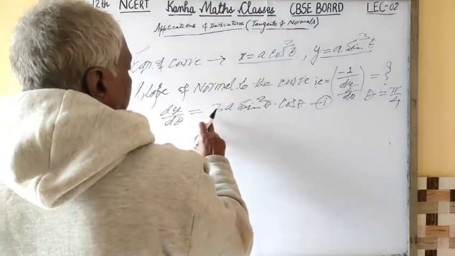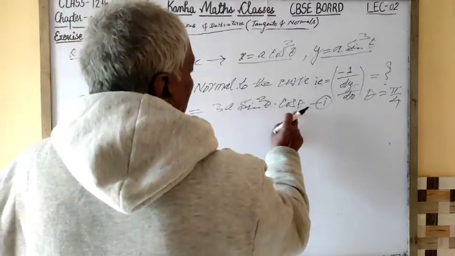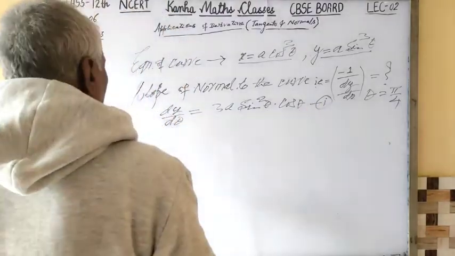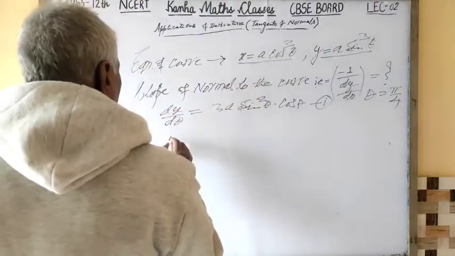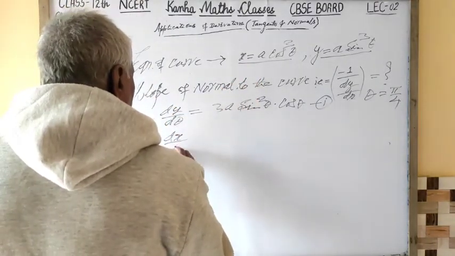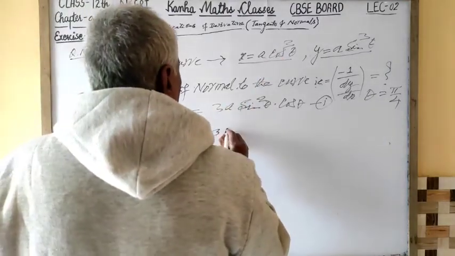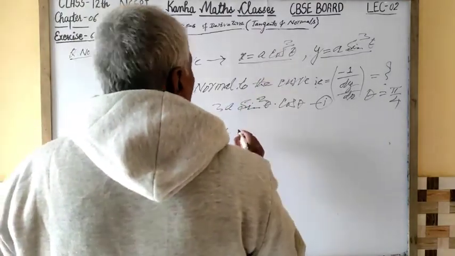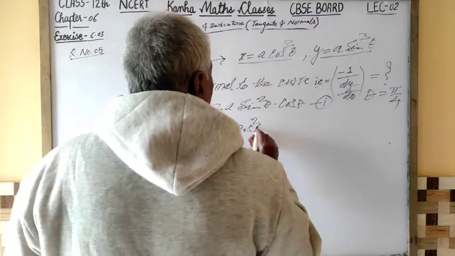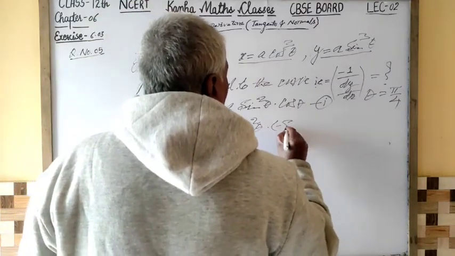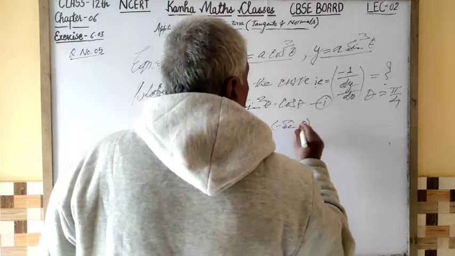Then dy by d theta is equal to 3a sin square theta into cos theta, and again dx by d theta is equal to 3a cos square theta into minus sin theta.